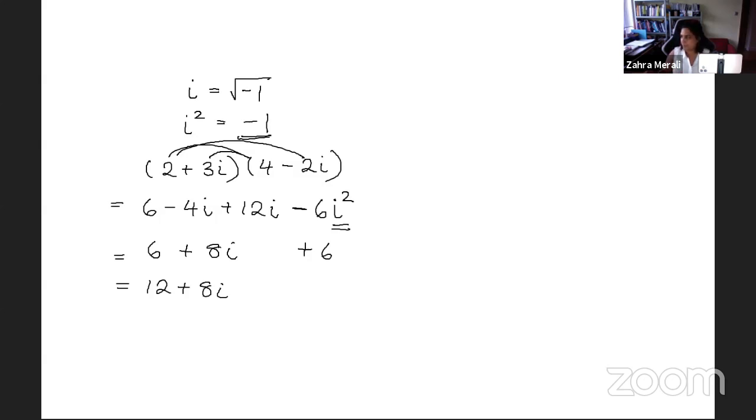Okay. So now what I want you to think about, because this comes up, is, what does that mean? So if I know that i is the square root of -1, i squared, we said, is -1. i cubed is the same as i times i times i.